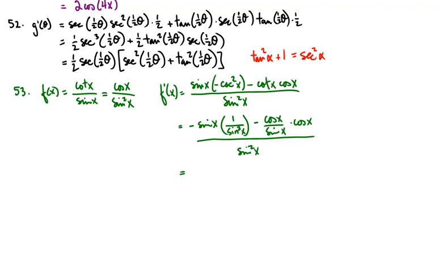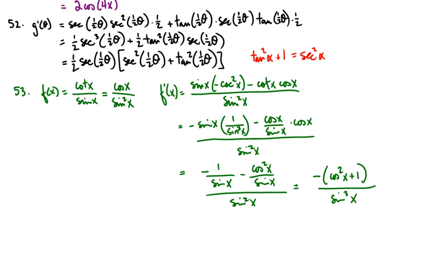So when we simplify this, one of the sines in the numerator and denominator will cancel. We'll get negative 1 over sine x minus cosine squared of x over sine x, all divided by sine squared of x. And simplifying, I get something like negative cosine squared x plus 1 quantity over sine cubed of x. And that doesn't match our identity, and so we'll leave it just as it is, and that'll be it for 53.